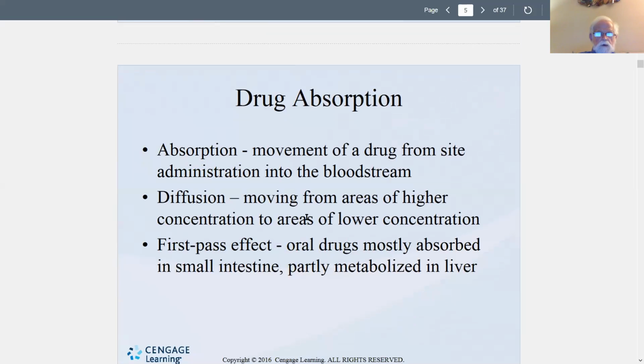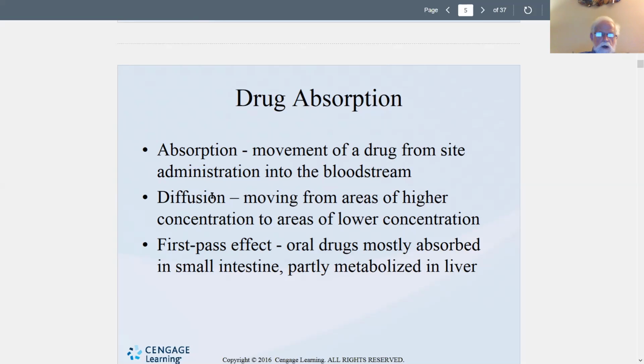Absorption is from the site of administration into the bloodstream. So for an intramuscular injection, the drug is absorbed out of the muscle into the bloodstream. For a drug that's put under the tongue, it's absorbed into the oral mucosa, straight into the capillary network in the bloodstream. Diffusion is the next step.